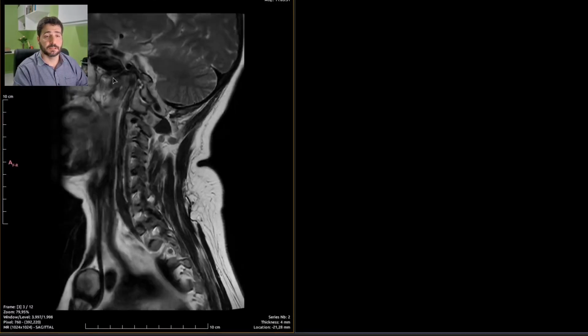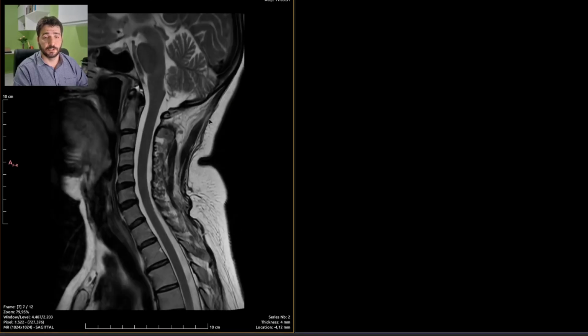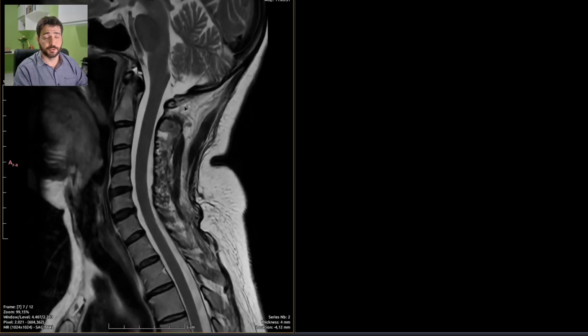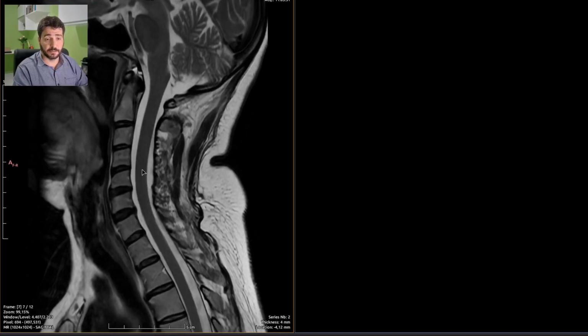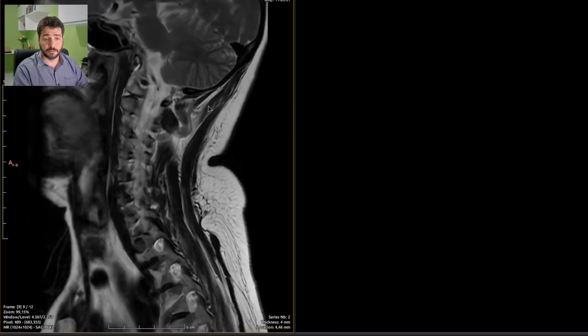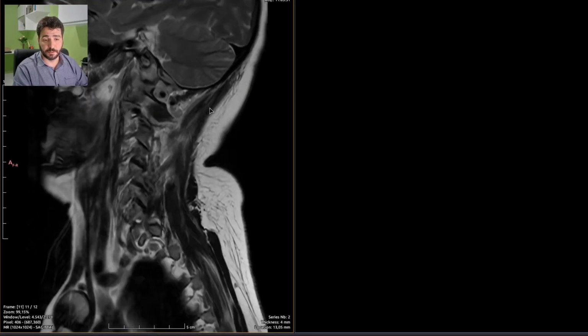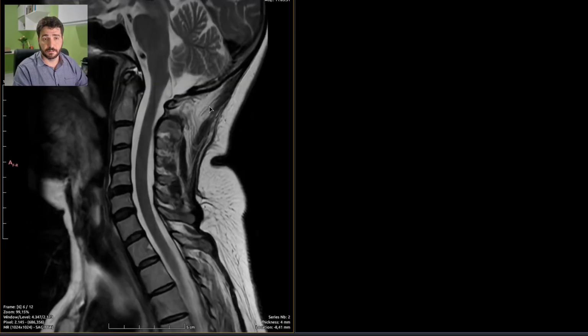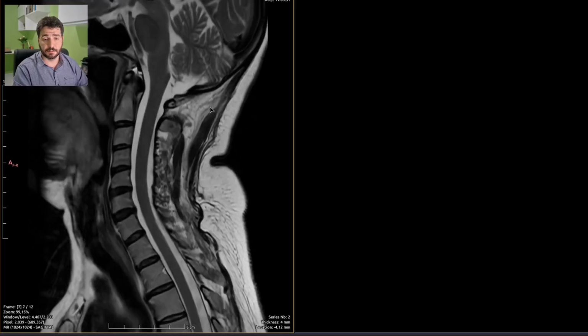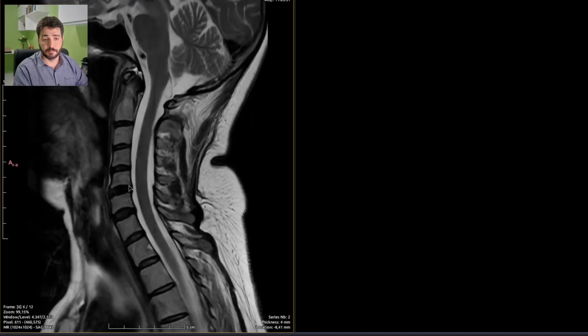Let's go. So this is a sagittal view. It's a pure T2. This is a great scanner. Images are just fantastic. So smooth, so devoid of acquisition noise, and bone.